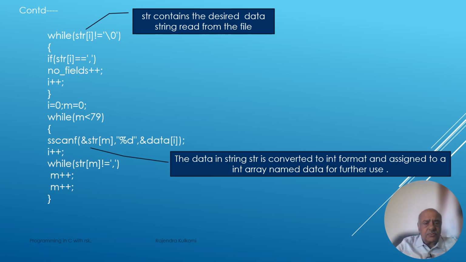From the 0th field we have gone to the first field, then the second field, and so on, by advancing str[m] and presenting it to the scanf function after the first character of the text after the comma is made available.